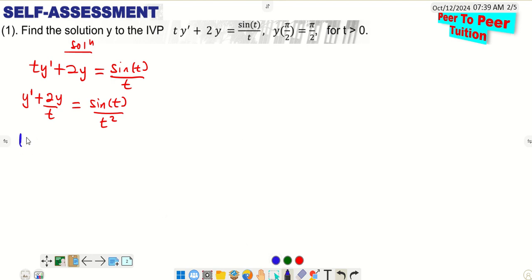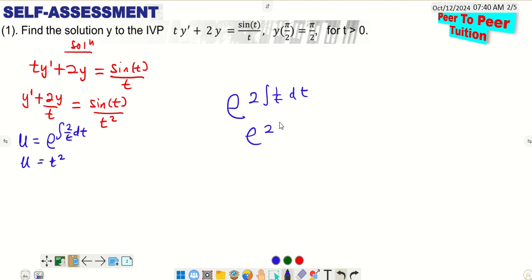It means that our integrating factor is e to the integral of 2 over t dt, the coefficient of y. If we simplify this, we will get t squared. To integrate, first bring the 2 out and integrate 1 over t dt.